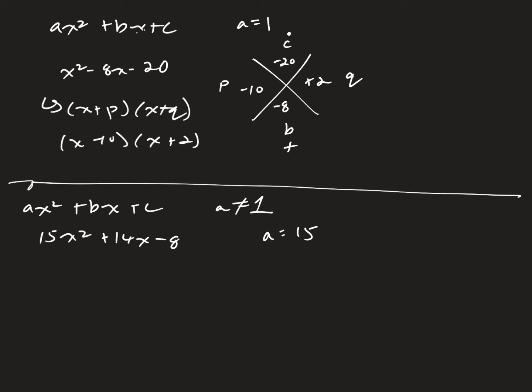And when we were learning how to do this method, we realized you're not really guessing and checking, because there's some number sense going on where you're trying to guess and check the factor pairs of -8 and 15 in such a way that when you multiply those factor pairs together and add them together, you end up getting 14.